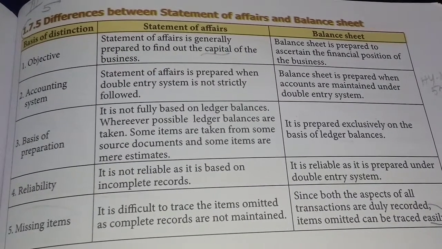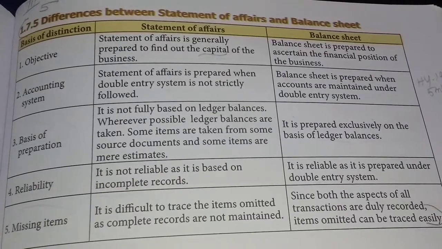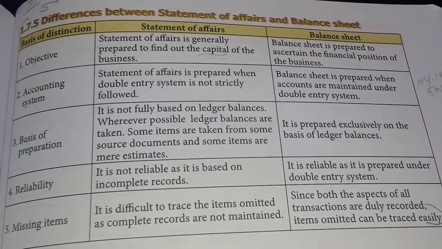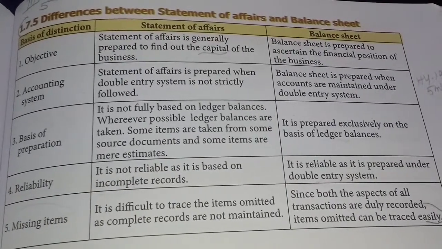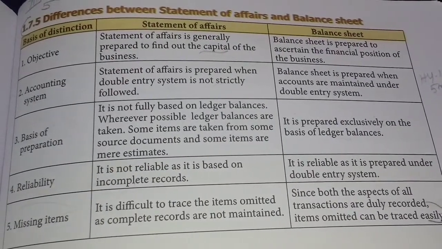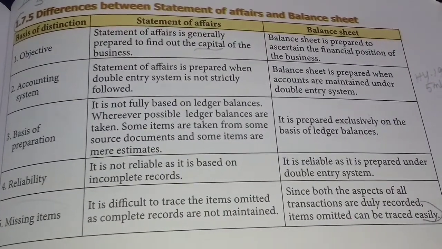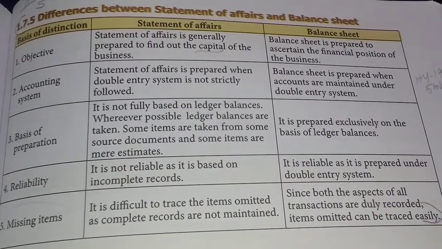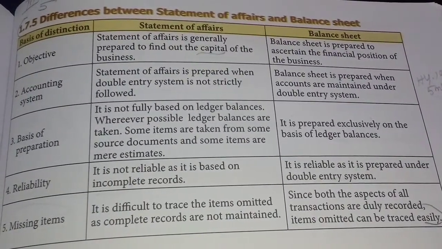The missing items: we cannot trace them out. But in the balance sheet, if any one aspect is missed, we can trace it out, because both aspects of a transaction are entered. So if one is misplaced, we can find it out.